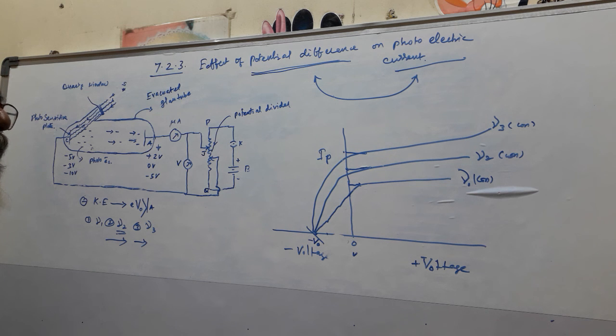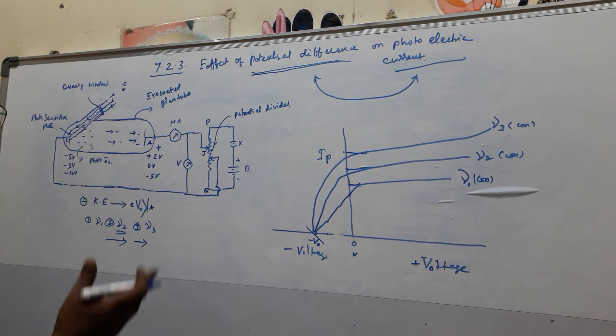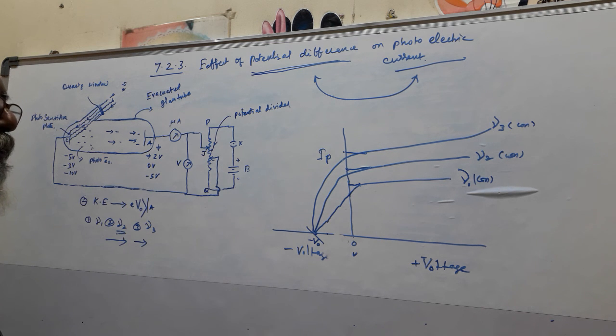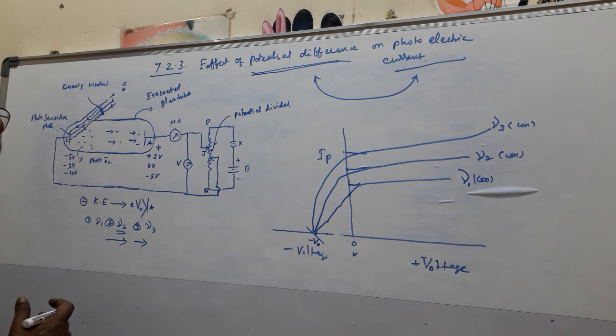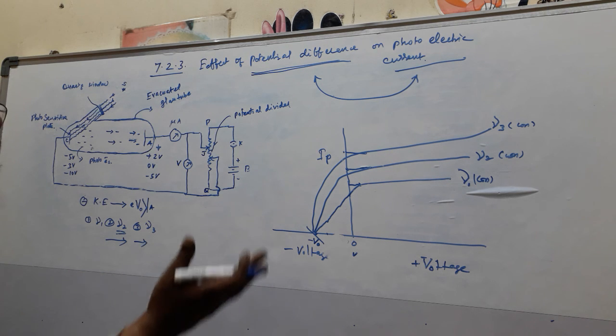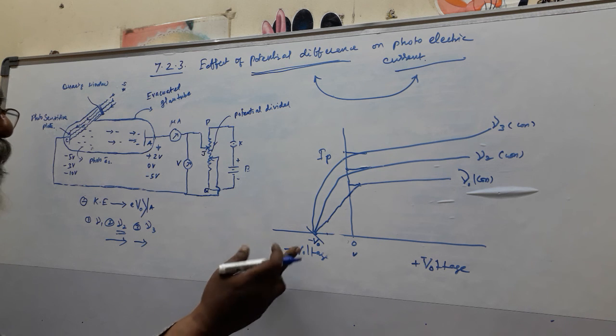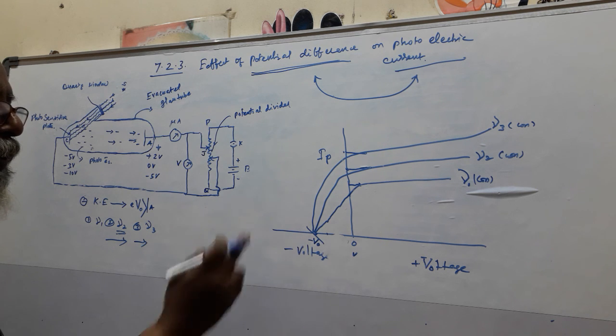The reason is that whatever frequency you apply to the surface of the cathode, there may be a rise in the current, but there is no change in the voltage.